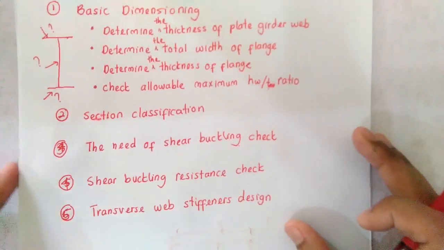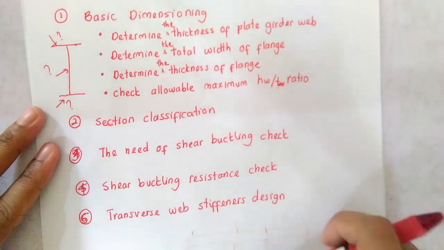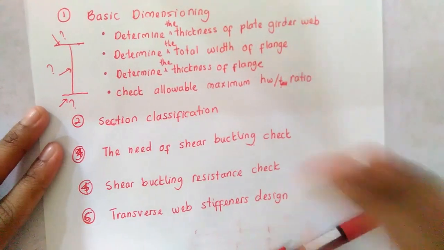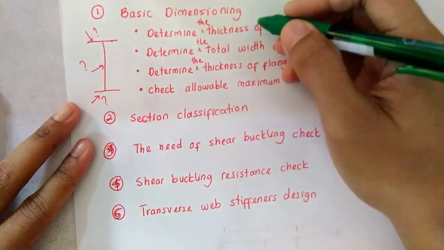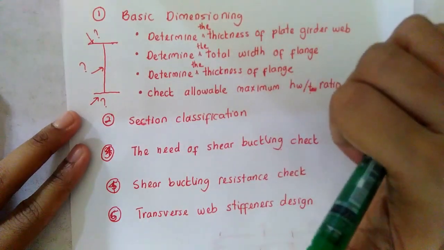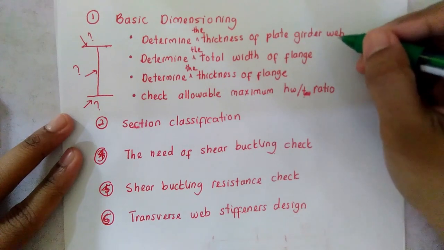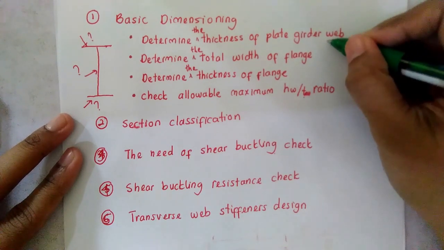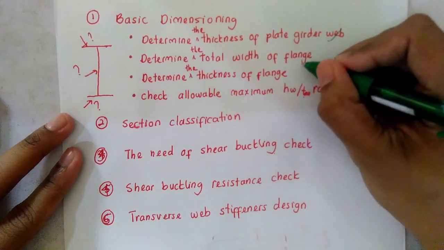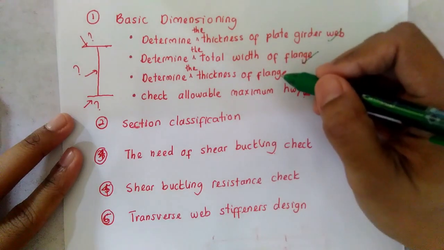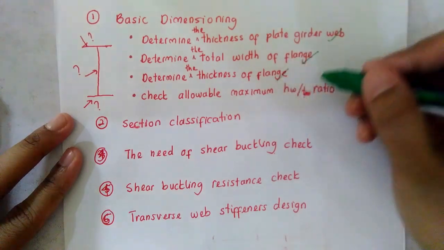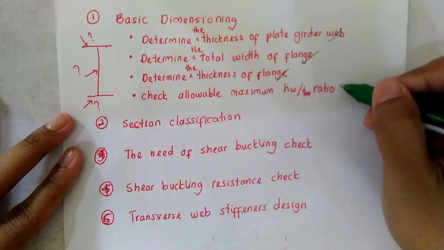Previously in lecture part 1, we have completely designed the basic dimensioning of the structure, whereby we were able to determine the plate girder web, the plate girder flange, and then the thickness of the flange. But we didn't carry out this check yet.